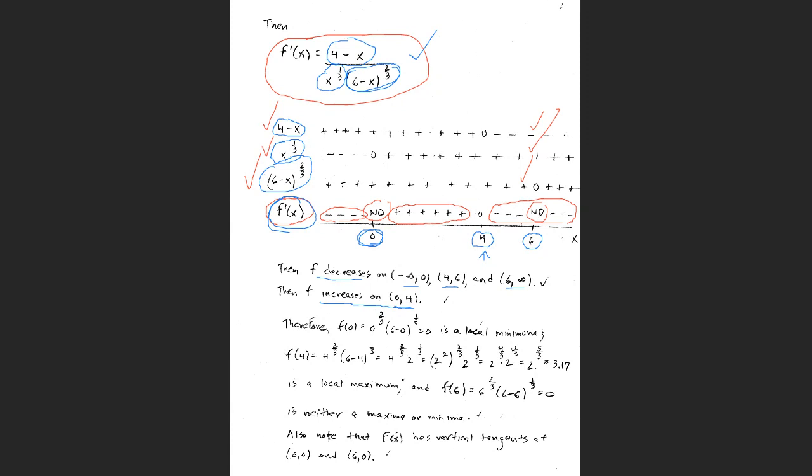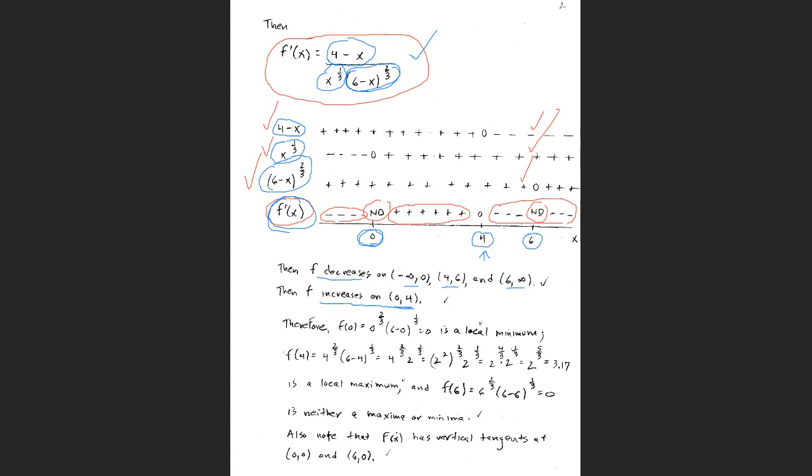So now we know where the function increases and decreases. Based on that, we're able to determine where our local maxima and minima are. So remember now, even though the first derivative is not defined at x equals 0, what does that tell you about the function itself?